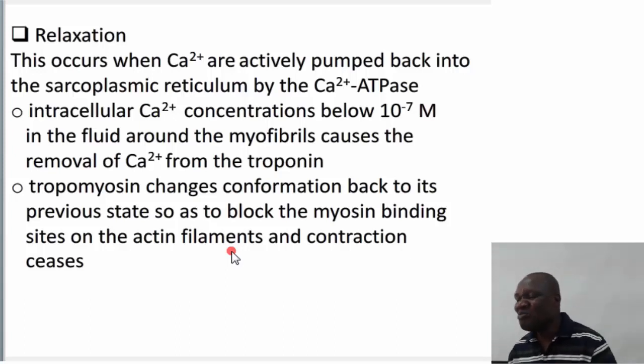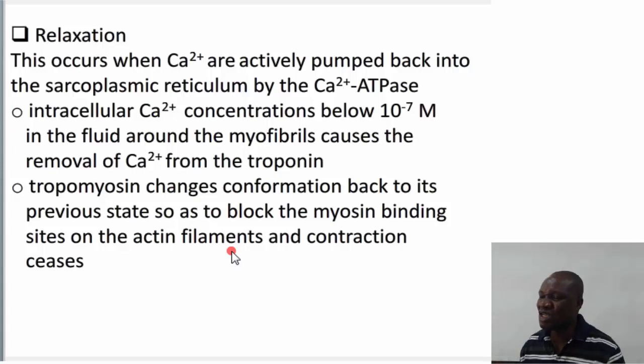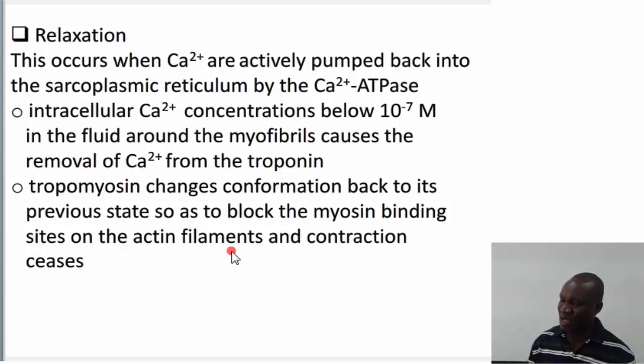And relaxation begins when the concentration of calcium ions within the sarcoplasm decreases. Now, if the intracellular calcium ion concentration goes below 10 to the power negative 7 molar, then the relaxation will start.